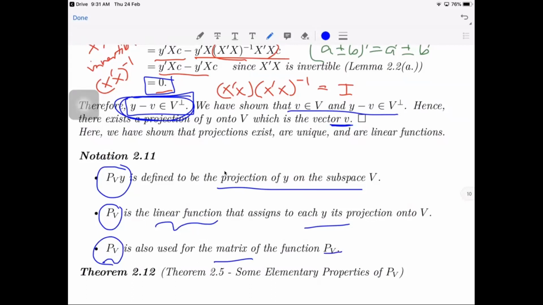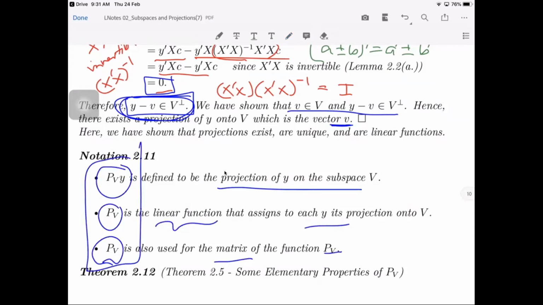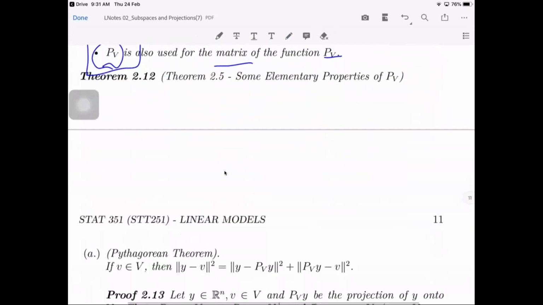So just take note of the possible meaning of these notations. No? So it can be a projection, it can be a linear function, it can be a matrix. Mo na itawag na abuse of notation. Okay.